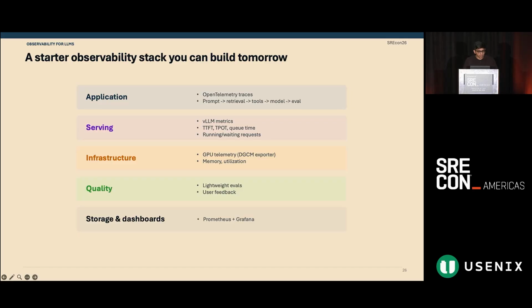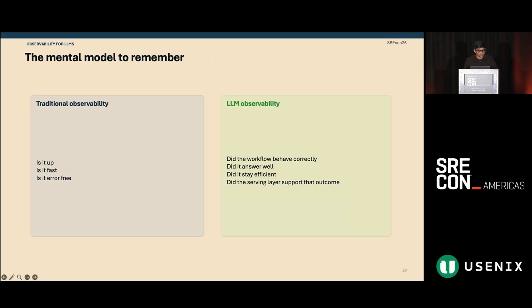For infrastructure, we can monitor GPU metrics such as utilization and memory through DCGM exporter. For quality, we can run lightweight evaluations and also monitor user feedback. And we can combine all these signals using Prometheus and dashboard them using Grafana or any other vendors that you might be comfortable with.